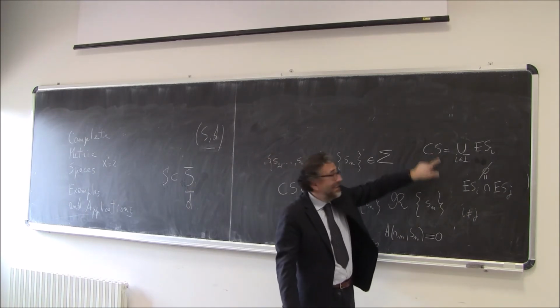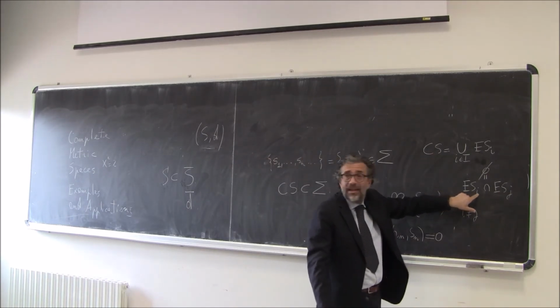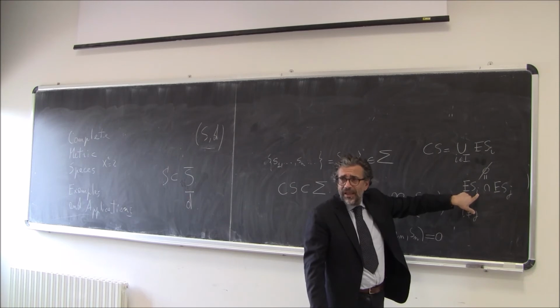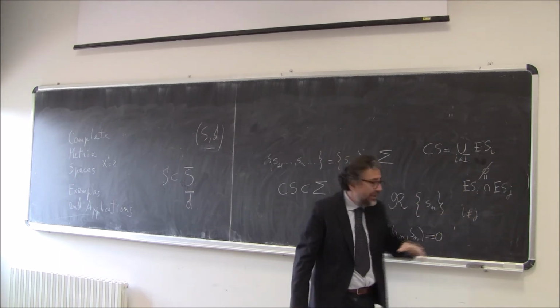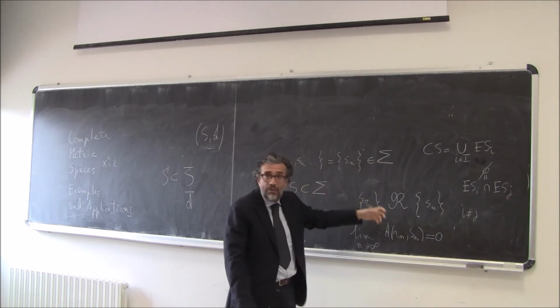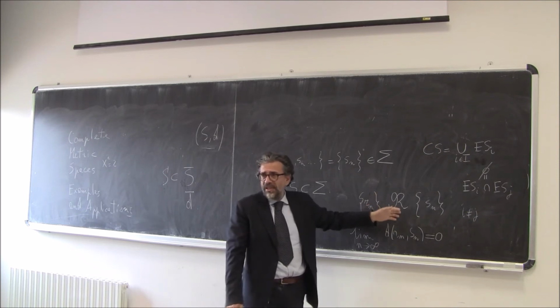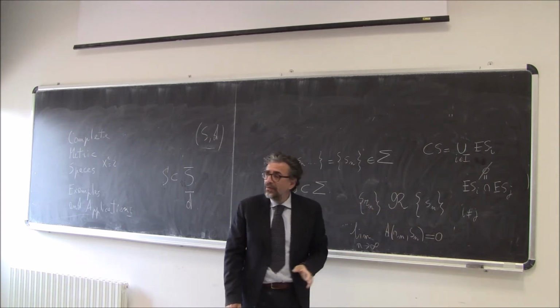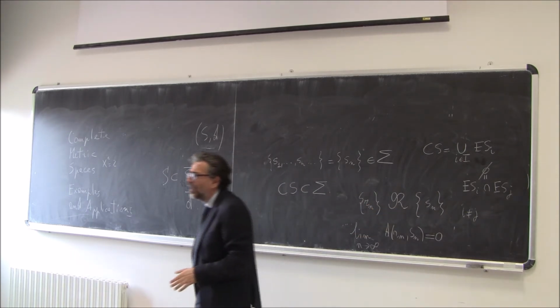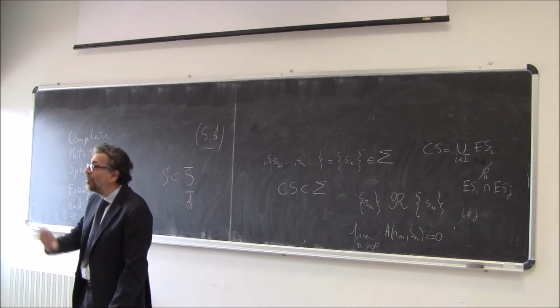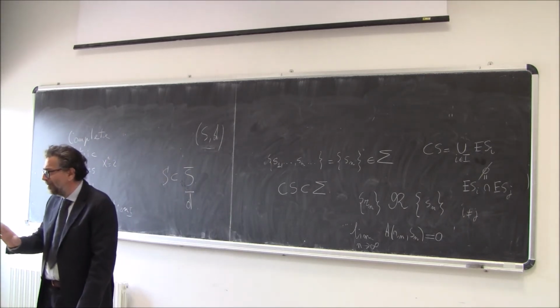Okay? And each ESI is made by all the Cauchy sequences which are equivalent to one specific Cauchy sequence. So it's a disconnected set. There is no topology in this.